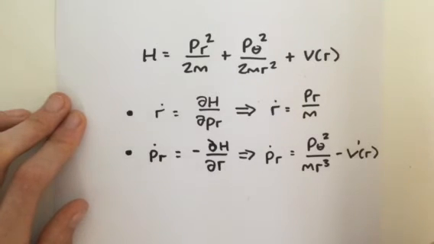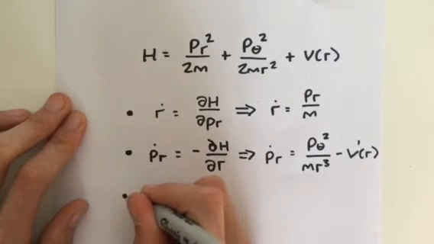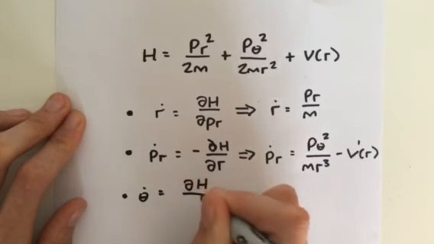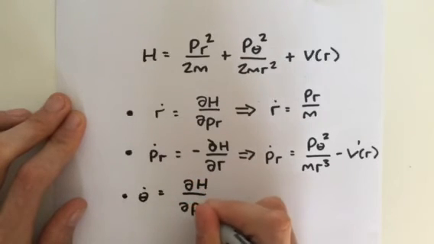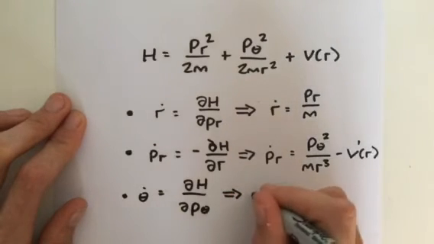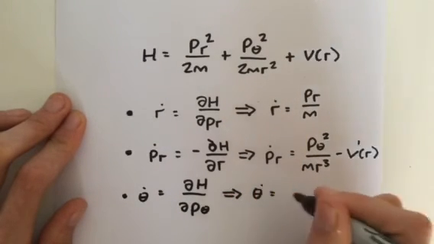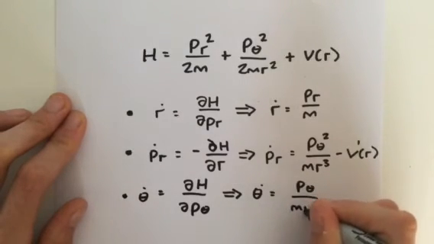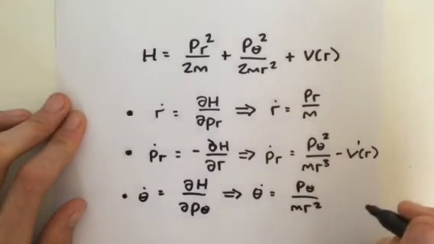We also have θ̇, which gives us ∂H/∂p_θ. We can rearrange to get θ̇ = p_θ/(mr²), like so.